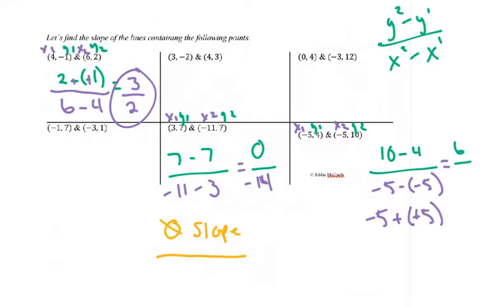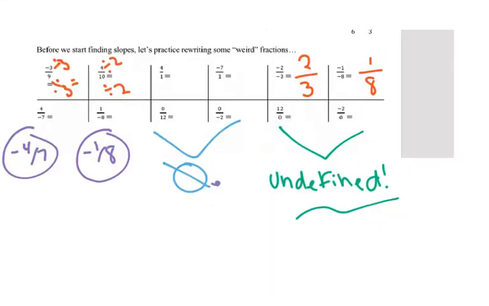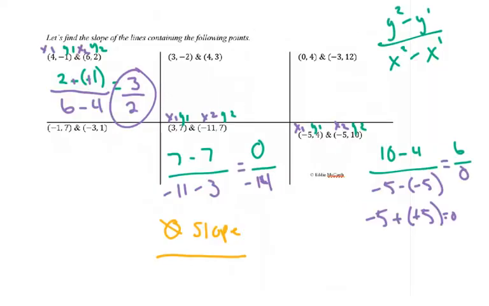So a negative 5 plus 5, which then is 0. So that means that the answer to this one is 6 over 0. Well, anything divided by 0 is undefined. So that would mean that this one is undefined. And that means that the line is straight up and down. But we can't calculate the slope of a straight up and down line, which is why we call it undefined in math.